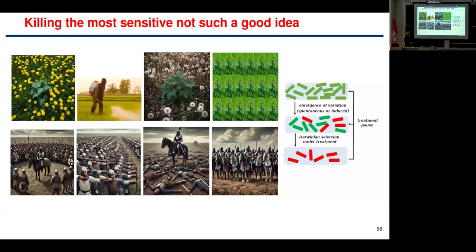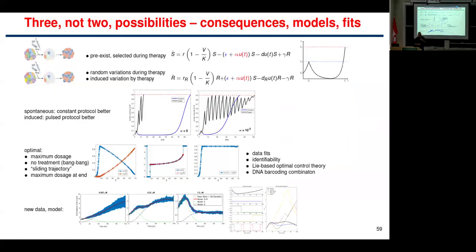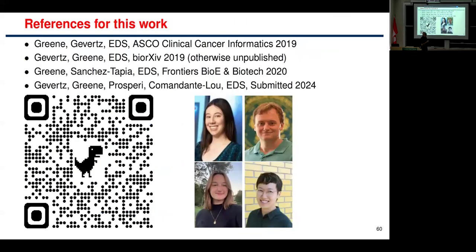We talked about how emergence of variation could be spontaneous or not, and how there are different therapy implications in principle for the mathematical model between having Darwinian or Darwinian plus Lamarckian induction. And I talked also about this other data. For this part, I want to say one more thing that I added because of something that was said in the lectures yesterday, but my papers are there. This is Jana, Jim, Samantha, and Natasha.